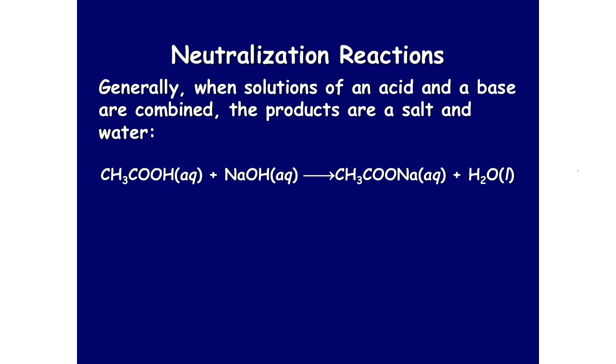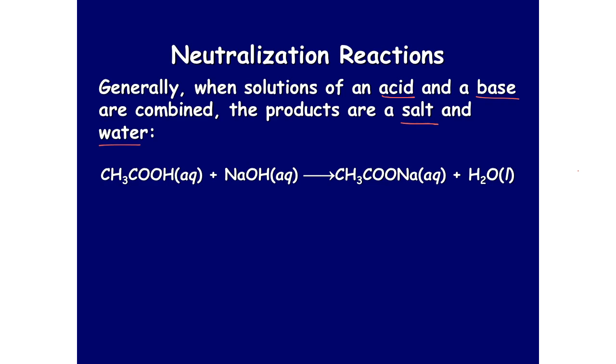All right, a neutralization reaction combines an acid plus a base to make water and an ionic salt. The pH will head towards neutral, but we will learn later on in the year that when we have a neutralization reaction, sometimes the pH is not perfectly 7, depending on the salt that you are producing.